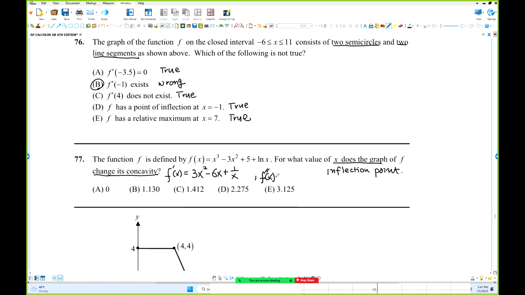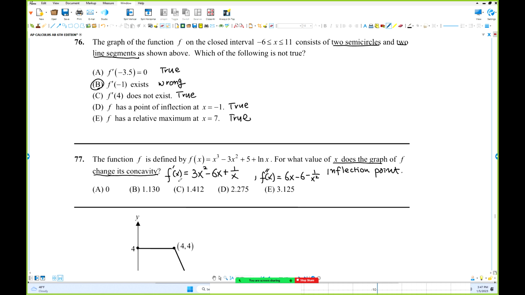I'm going to show you the graph of both, okay? The second derivative is 6x minus 6, and the derivative of 1 over x is how much? Minus 1 over x squared, isn't it? Yeah. Okay? At x equals 0, there is an asymptote. So we're going to make a graph over here, okay?